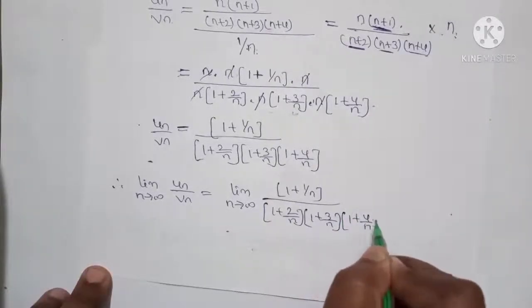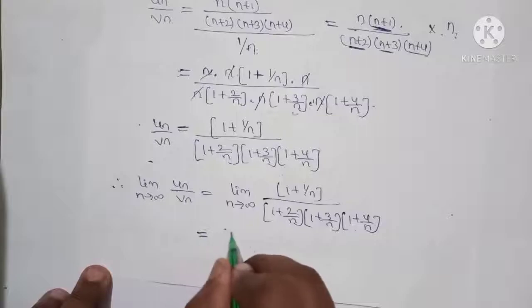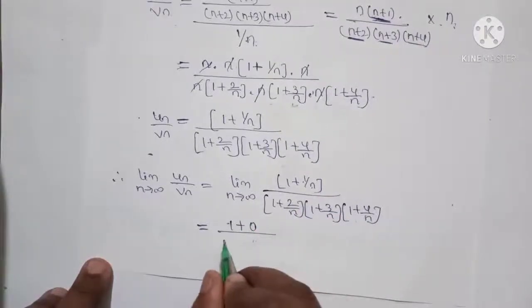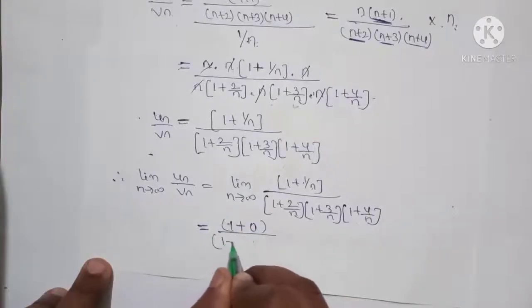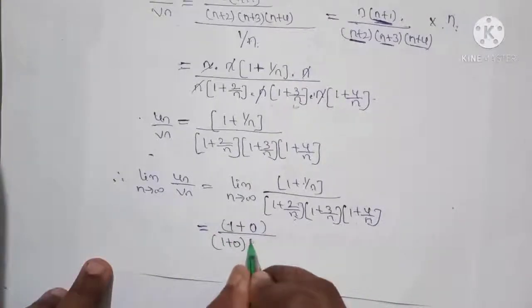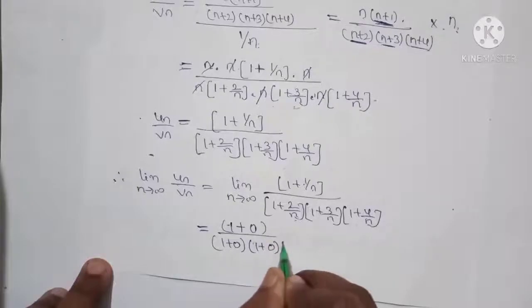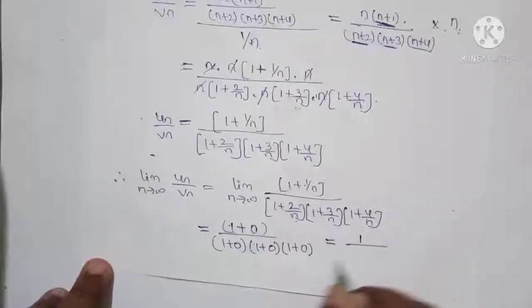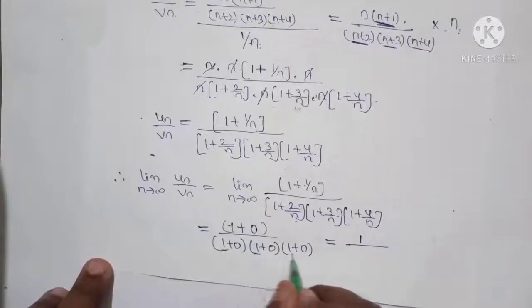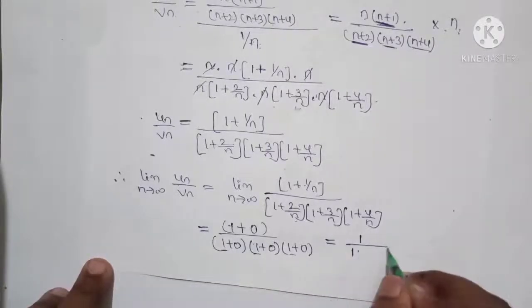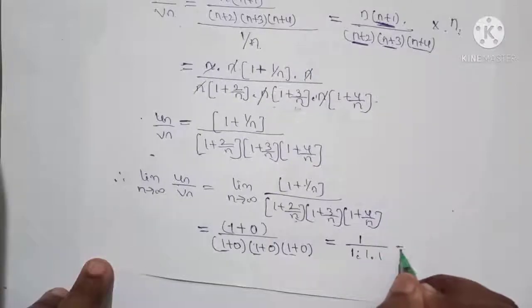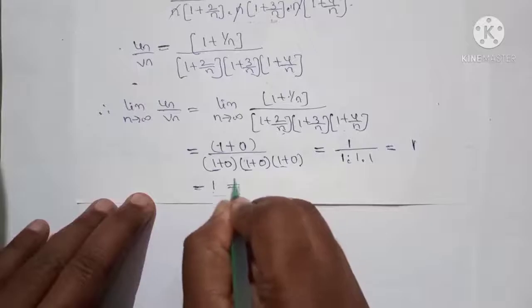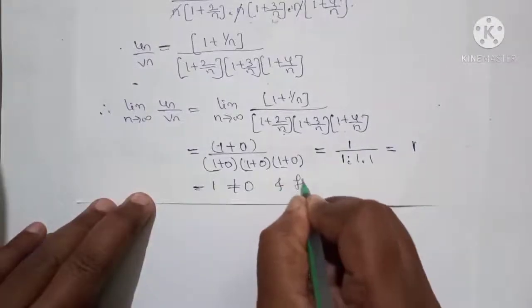Now simplifying this limit, 1 by n means 0, because 1 by infinity equals 0. Similarly 1 plus 2 by n, 1 plus 3 by n and 1 plus 4 by n also tend to 1 plus 0. So in the numerator we get 1, and in the denominator 1 into 1 into 1, which is equal to 1. Again 1 is not equal to 0 and it is a finite quantity.